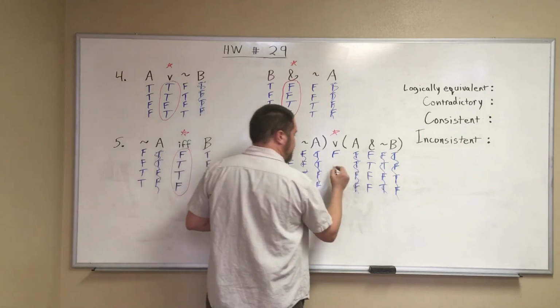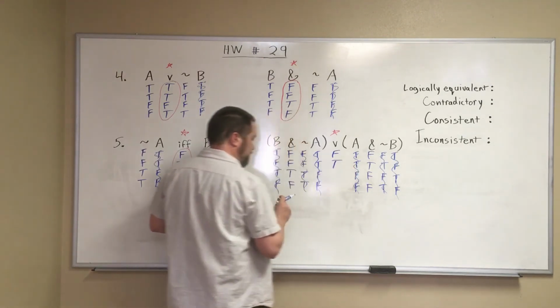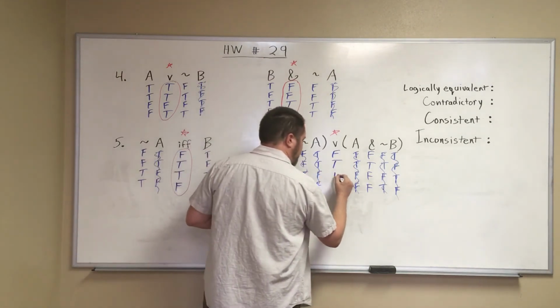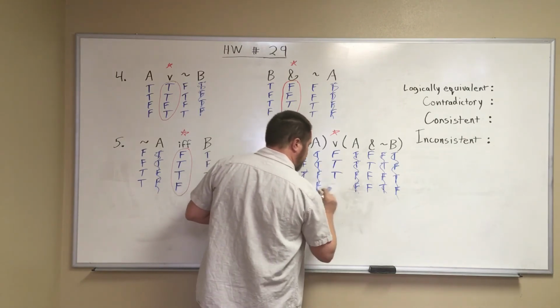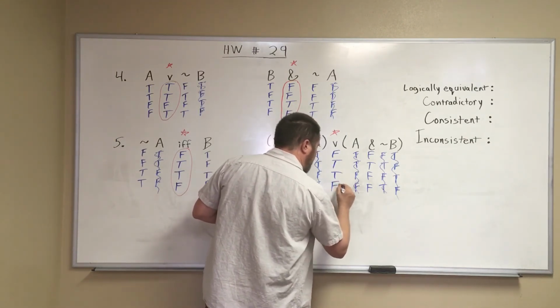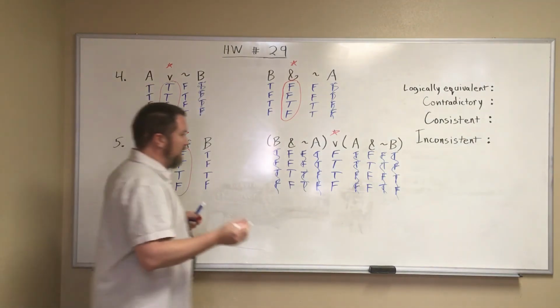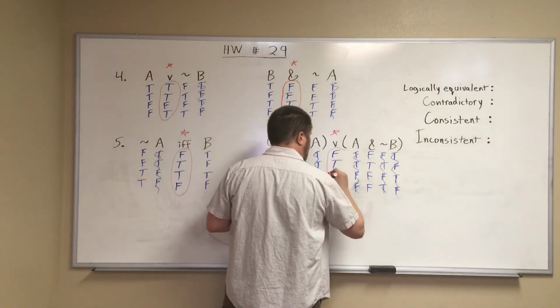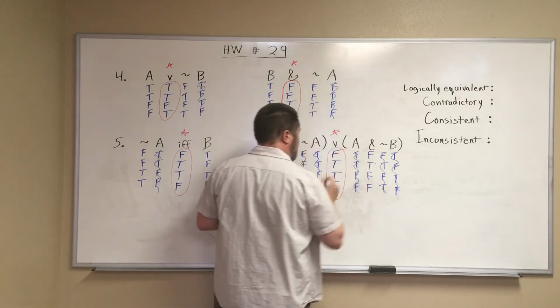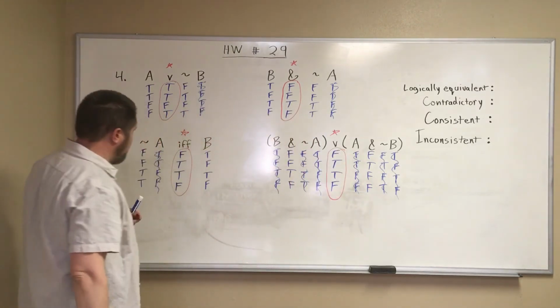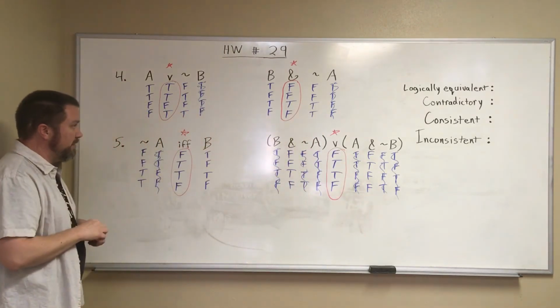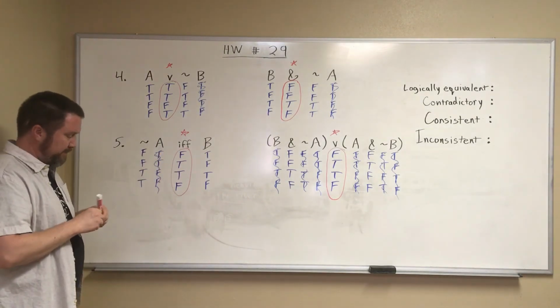We have a false and true, so at least one of them is true. We have a true, and both sides of the fourth row are false, so the disjunction is false. And that is the column underneath the main operator: false, true, true, false.